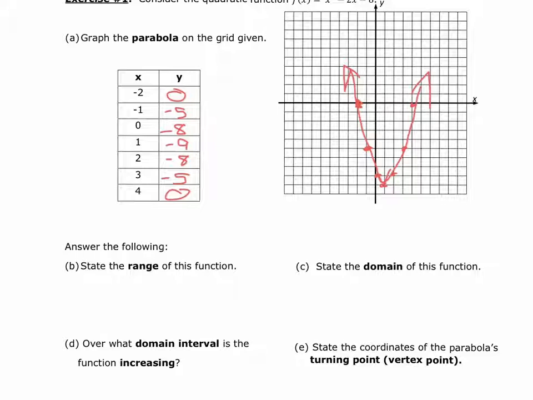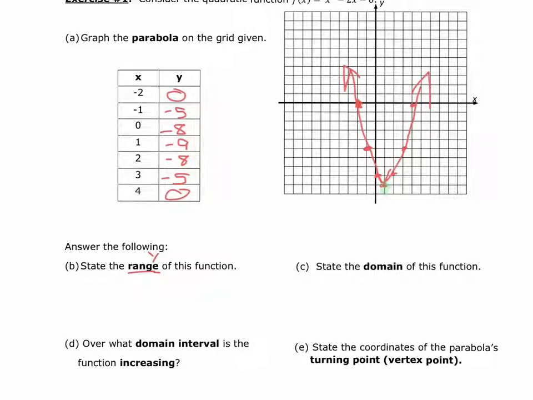State the range. So remember, our range is our y values. So again, we're going to start here because this is our y. We're going to start from the bottom and go to the top. Okay? So here, the bottom of my graph, I'm going to show this in green, is right here. It's my minimum. It doesn't go any further. I don't have arrows pointing down.